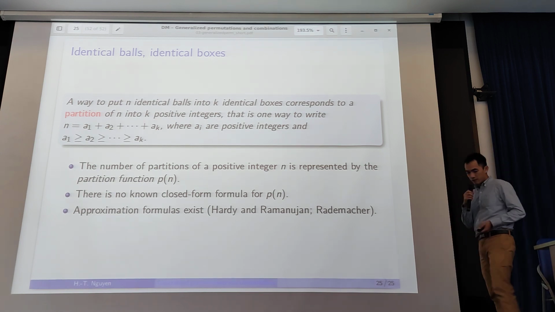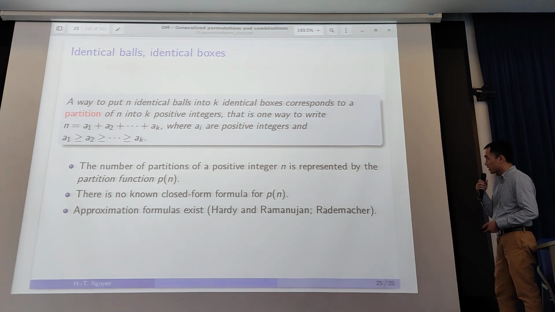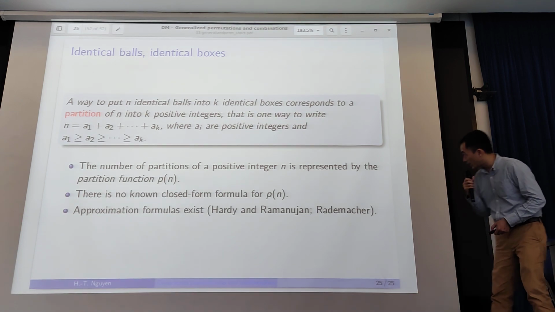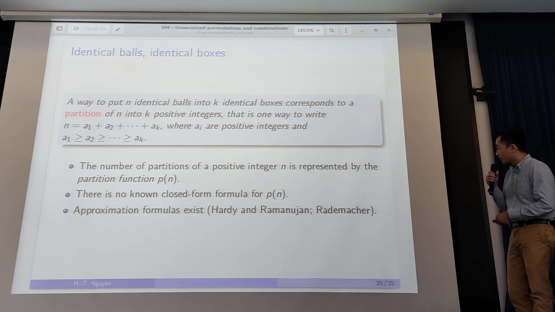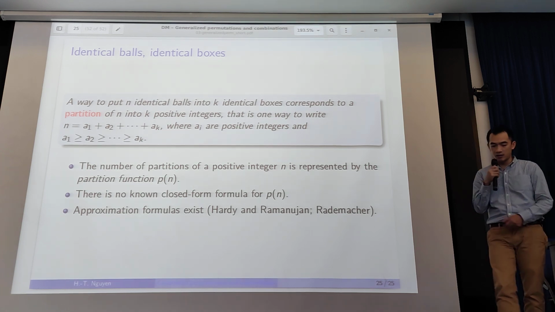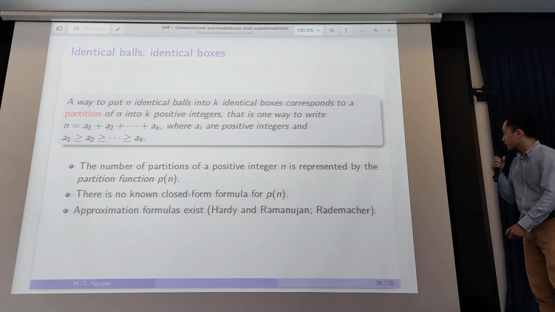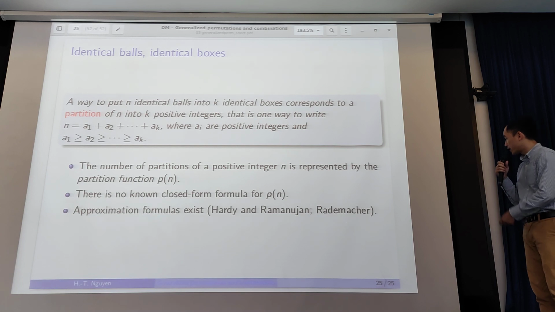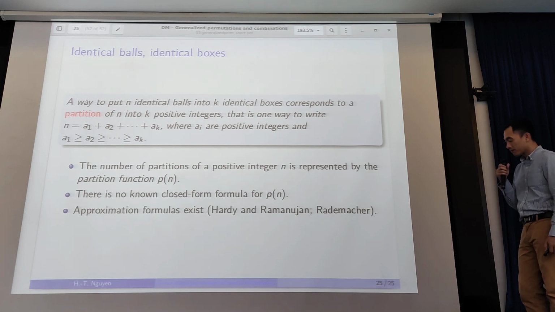There are several versions. The first approximations were found by Hardy and Ramanujan at the beginning of the 20th century, and there are improved versions by Rademacher later.